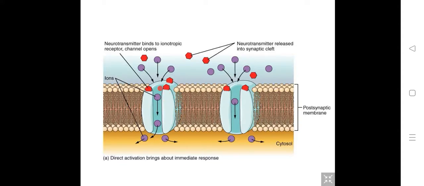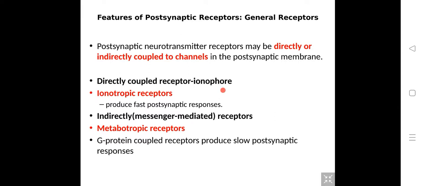This is a directly coupled receptor. So directly coupled receptors are called ionophores, and these are ionotropic receptors, and they produce very fast postsynaptic responses.